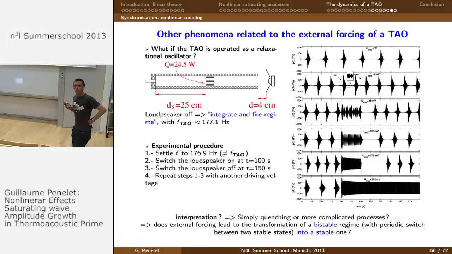But the interesting point is that by acting with the loudspeaker, we can stabilize the amplitude of the thermoacoustic oscillator itself. So the question is, is it simply quenching, or is it a more complicated nonlinear interaction between the thermoacoustic oscillator and the external sound source? It's not clear for the moment.